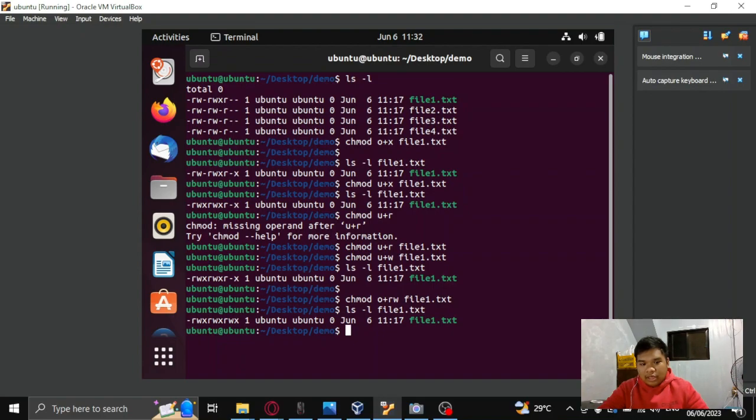Now everyone is allowed. Now every group is allowed to access this file to read, write, and execute. Now I'm going to demonstrate how to remove some of the permissions.